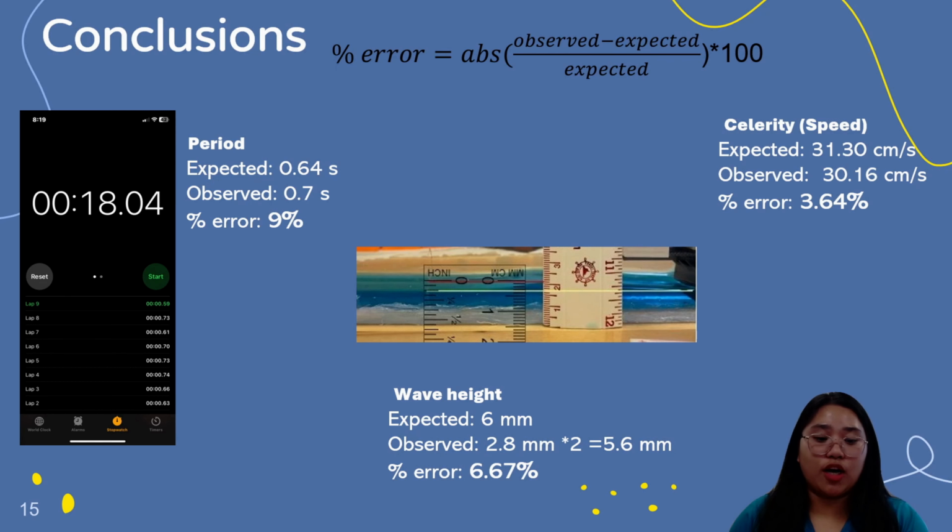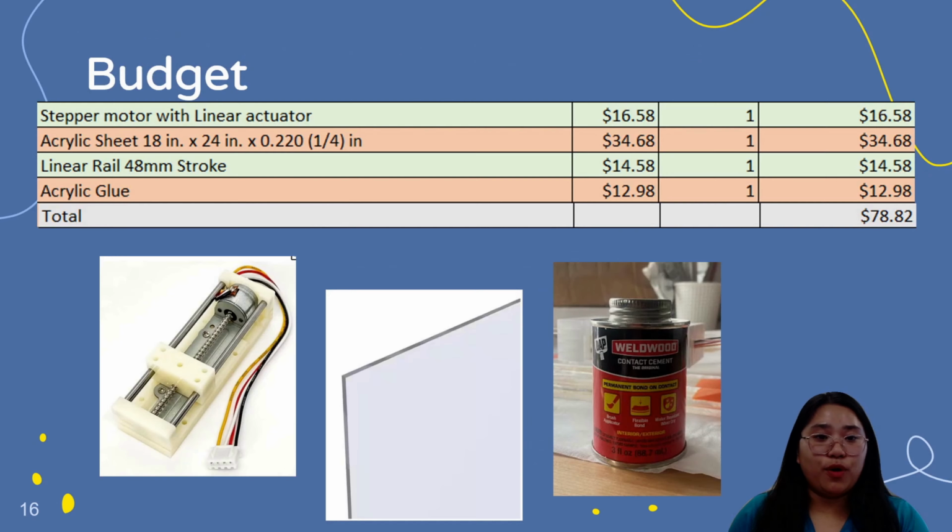And now I just want to talk about the project budget. Here we have the linear actuator, the acrylic sheets, and the acrylic glue. Because most of my parts are 3D printed, I utilized the 3D printers here at our OE lab, and it yields a total of $78.82 for the whole project.